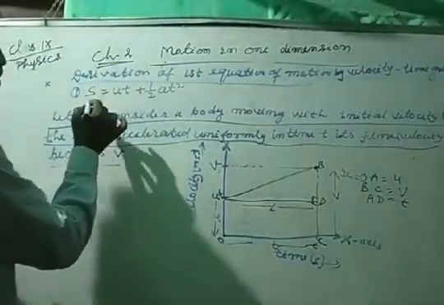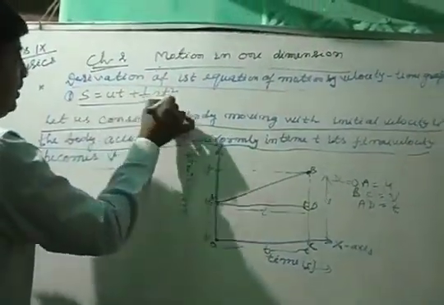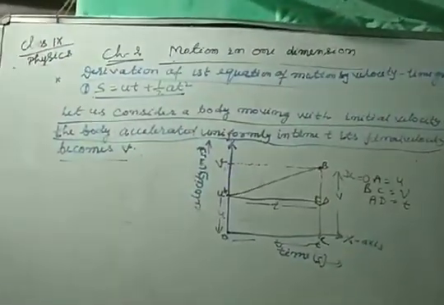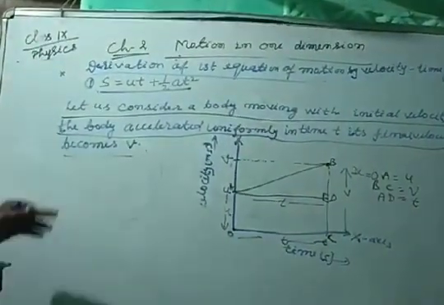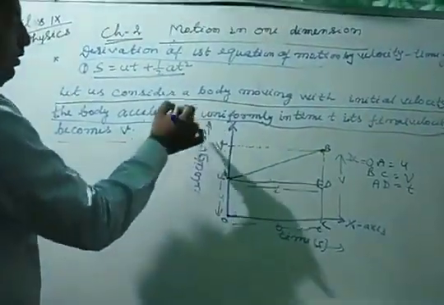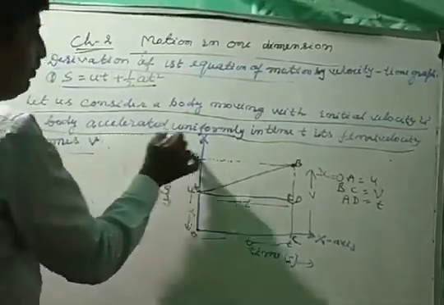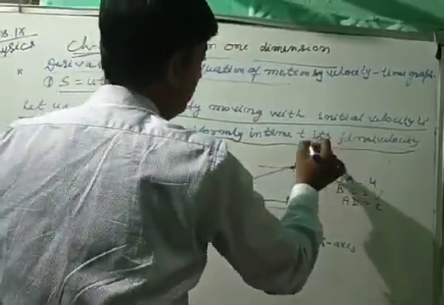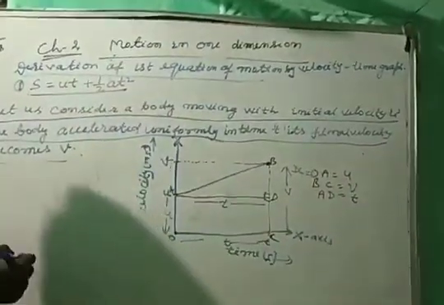Let us start to derive the second equation of motion, s is equal to ut plus half at square. The statement will remain the same as for the first equation of motion: a body moving with initial velocity u is accelerated uniformly in time t, and its final velocity becomes v.